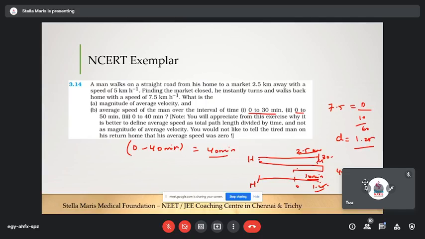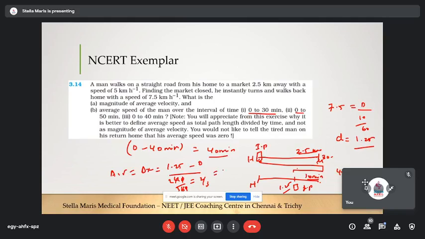So what will be the total displacement? The body started here and ended here. This is the initial position and this is the final position, 1.25. So what will be the average velocity? Del x is the final position minus the initial: 1.25 minus 0, divided by the time taken, 40 minutes, that is 40 divided by 60, which is 2 by 3.